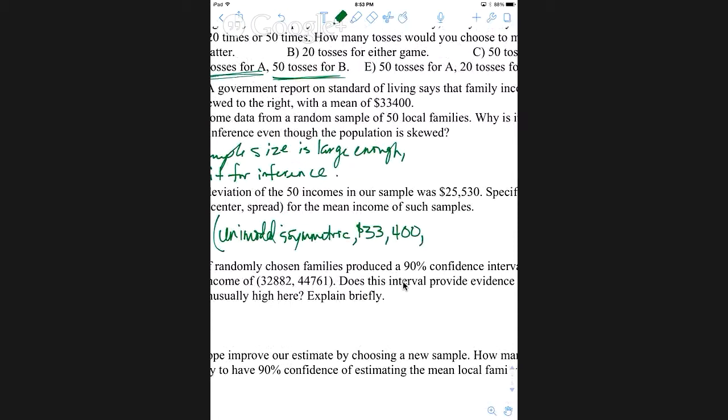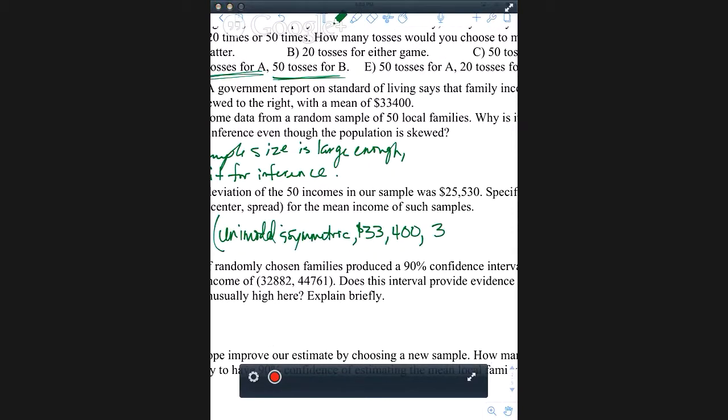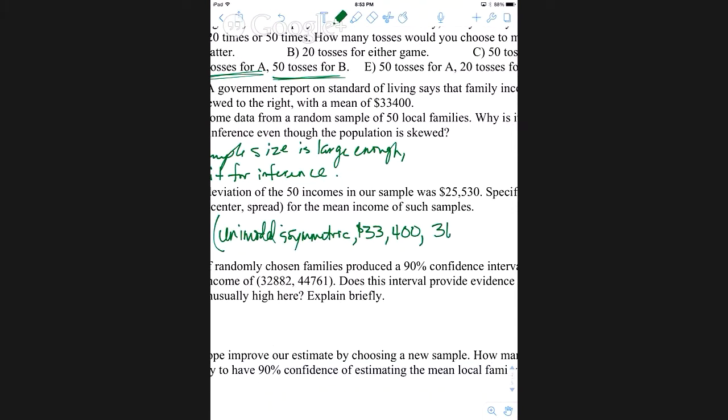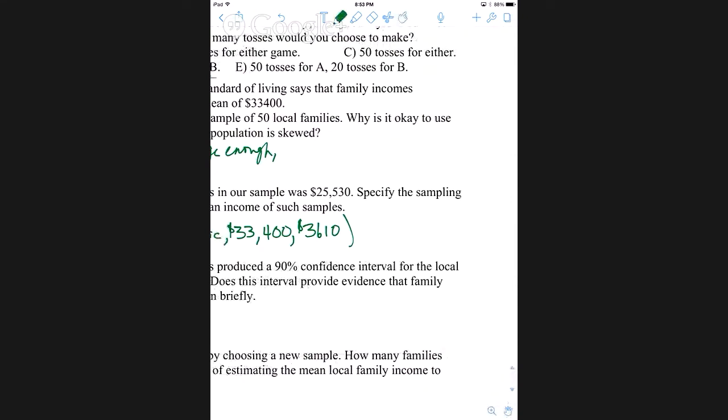And the standard deviation is, what did we say it was? 3,610. All right. So remember, you've got to use the sampling standard deviation. You've got to use S over the square root of n: 25,530 over the square root of 50.